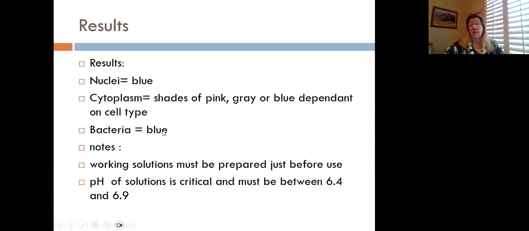Yeah, even in bone marrow slides. But if that patient just happens to have bacteria in there, it's going to turn up blue. You've got to make that working solution just before you use it. And the pH of your solutions should be somewhere around 6.4-ish.